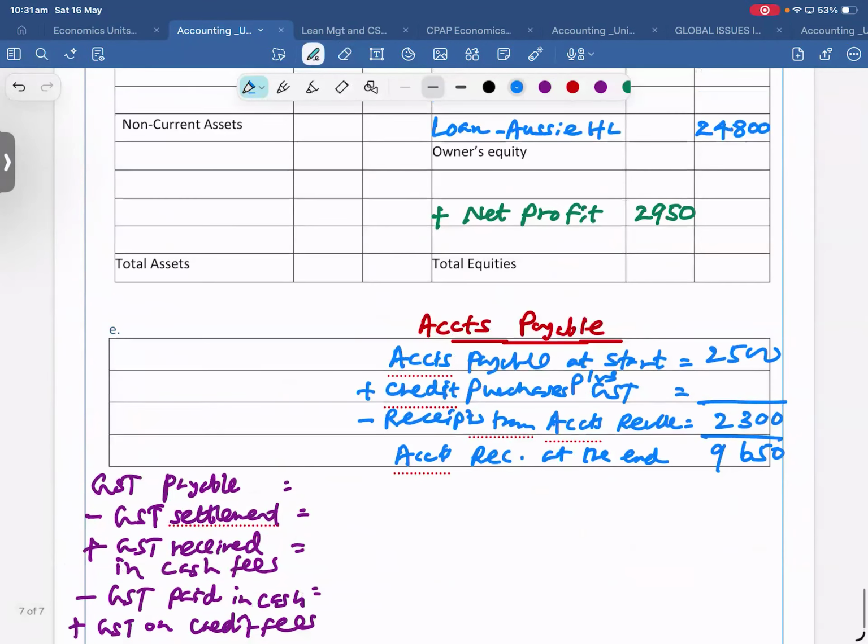So record that 2,090. Then not the receipts, but payments to accounts payable, and that would just be 3,100. Very good. Then we subtract all of them. It becomes 1,490.